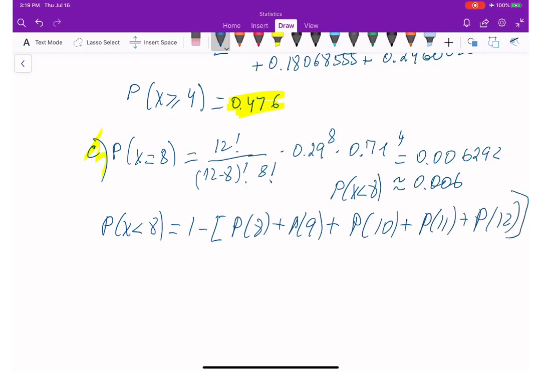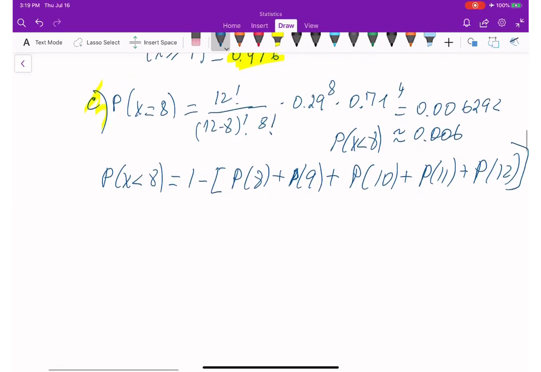So we found 8. Now we need to find the probability of 9, 10, 11, 12. That's why, to save your life, I gave you that link so you can plug in all your probabilities and get the numbers and expedite the solution. Otherwise, you won't finish within 1 week all these calculations.